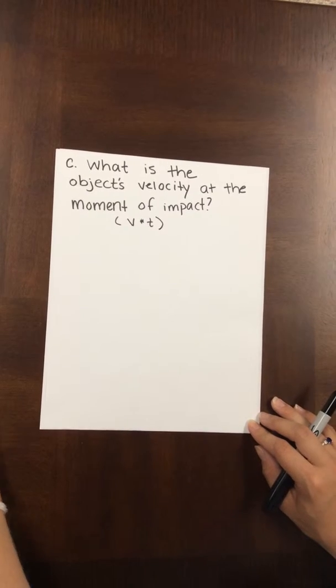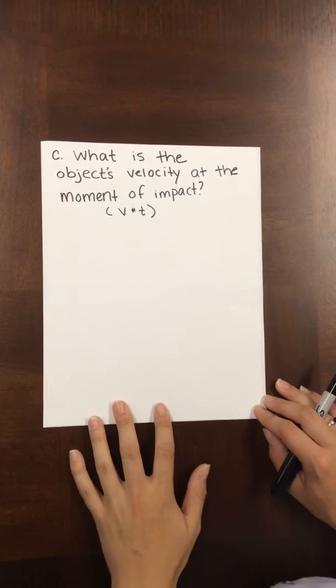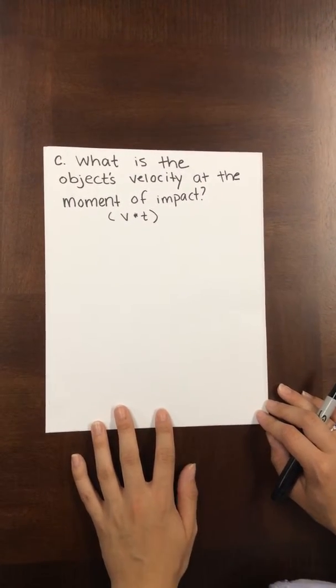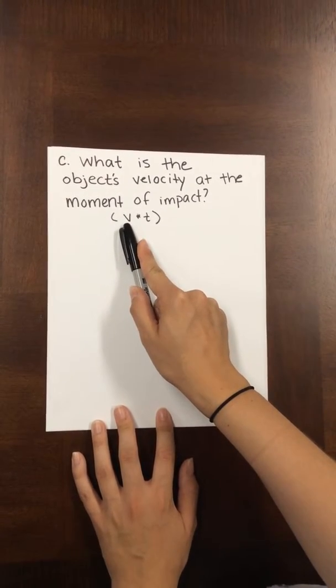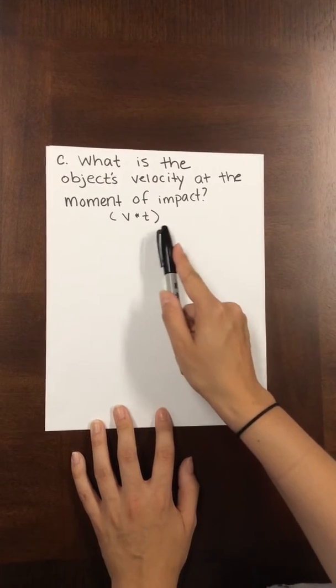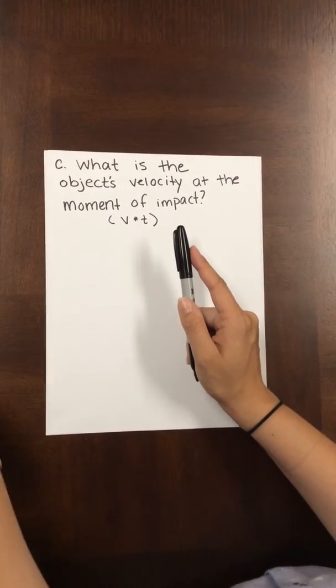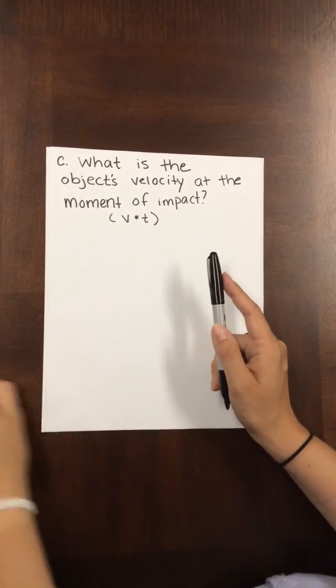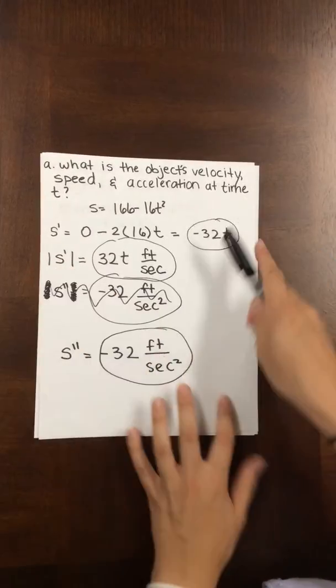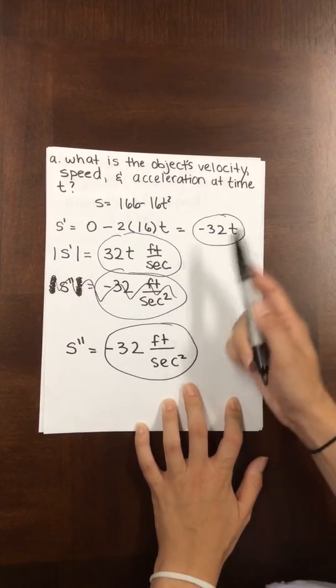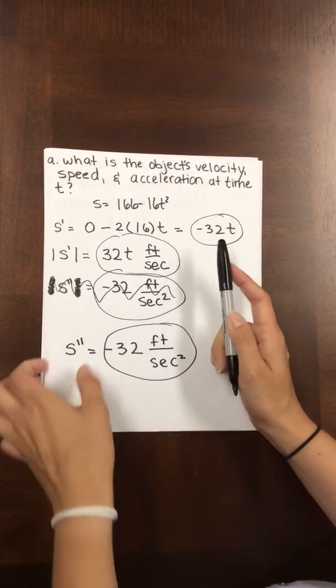And then part C, the last part, asks, what is the object's velocity at the moment of impact? And we solve this simply by taking our velocity function that we got earlier and plugging in t. So when we look back at this, I'll pull this up from our original sheet, velocity was a negative 32t, so the velocity at t.